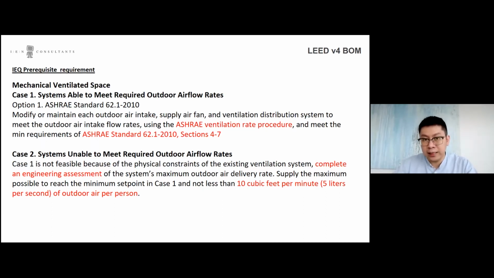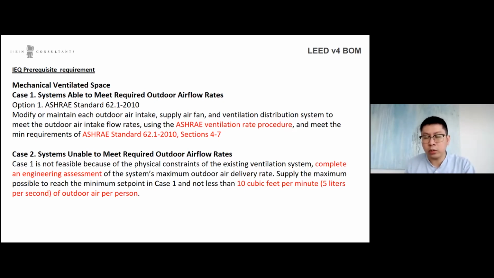Next, if the existing system is not able to meet the outdoor airflow rate, LEED allows you to go for 5 liters per second, or 10 cubic feet per minute, of outdoor air per person. So if you're not able to meet case 1, then you go for case 2.